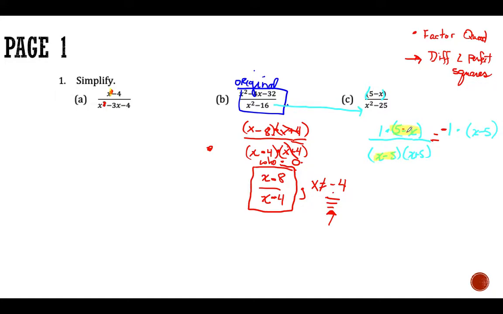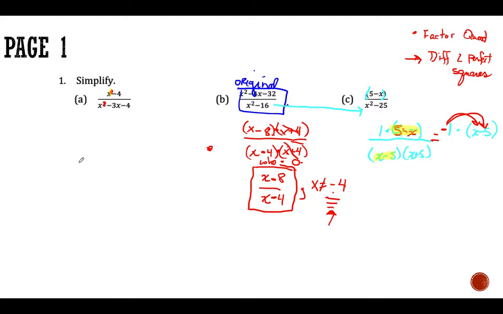Take a negative out of a negative, you're going to be left with a positive. So notice that if you doubt me, distribute this back. What is negative 1 times x? Isn't that negative x? And what is negative 1 times negative 5? Isn't that positive 5?